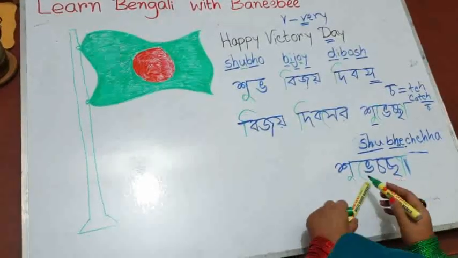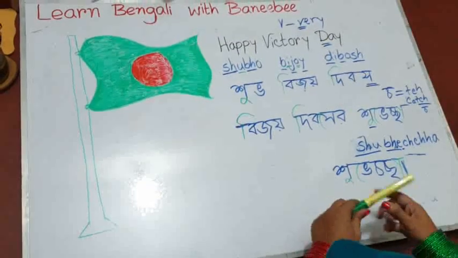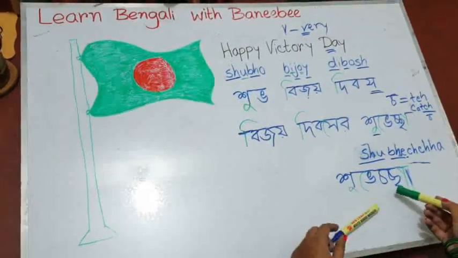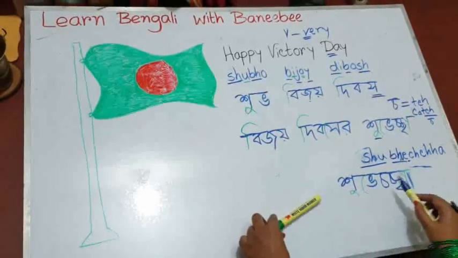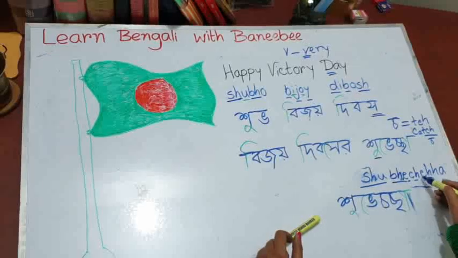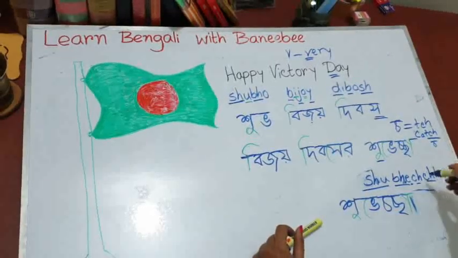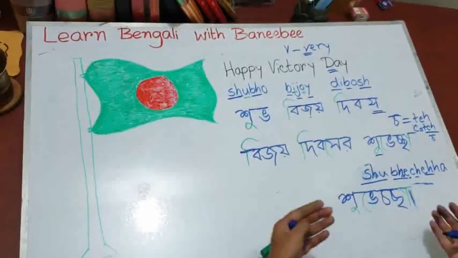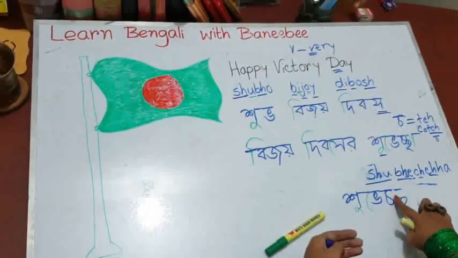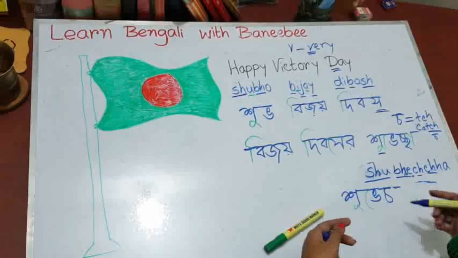So I could just write like this. But instead of writing it side by side, why am I joining this? Because this is a consonant cluster. There is no vowel in between. This is cha and cha together. So shubhecha. When there is a consonant cluster, we just join them together.